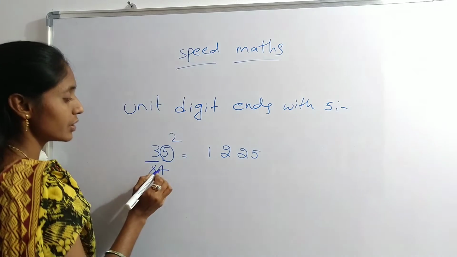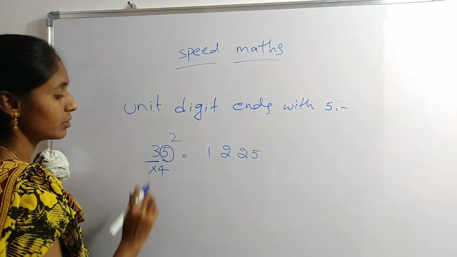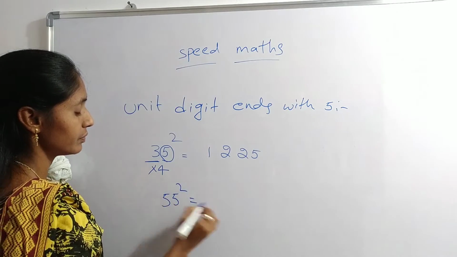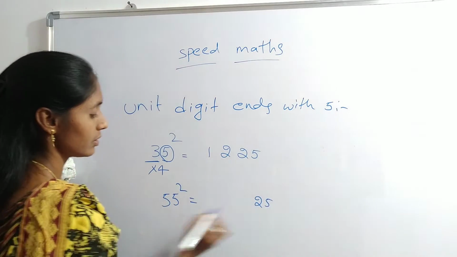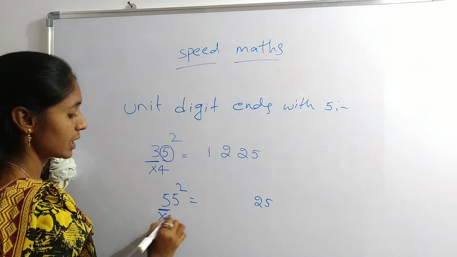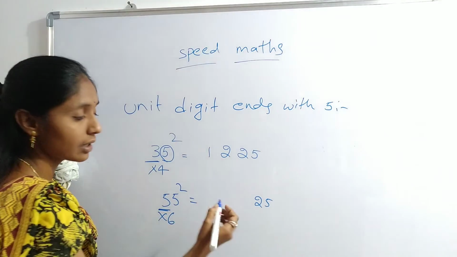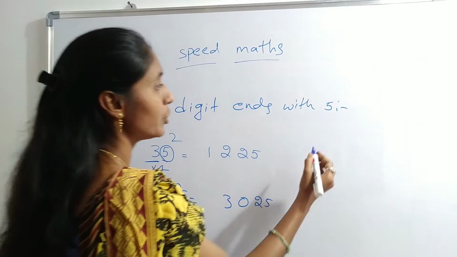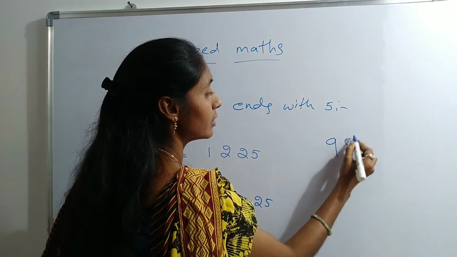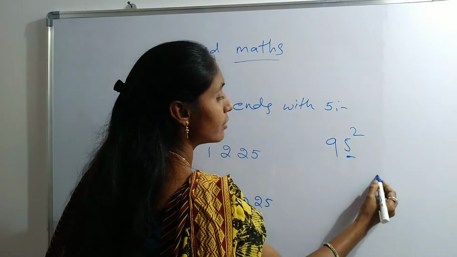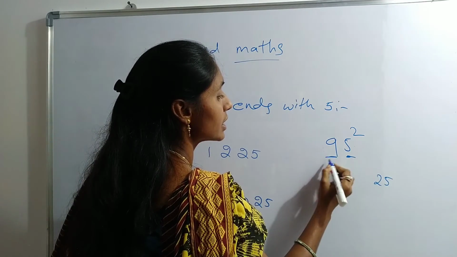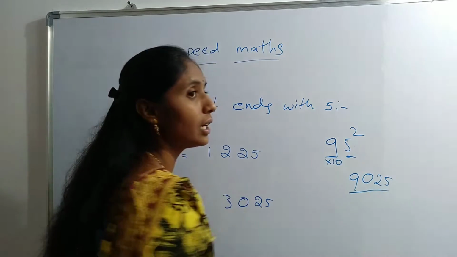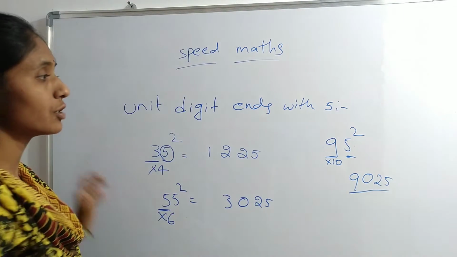So 1225. 55 square: 5 square is 25, the next consecutive number is 6, 5 sixes are 30, so 3025. Let me check another example, 95. 5 square value is 25 and the next consecutive number is 10. 9 tens are 90. So 9025 is the value of 95 square.